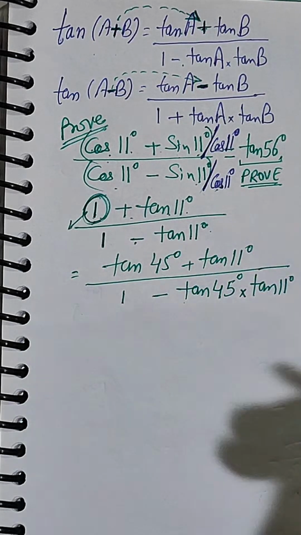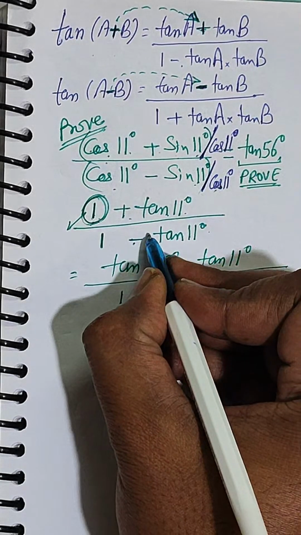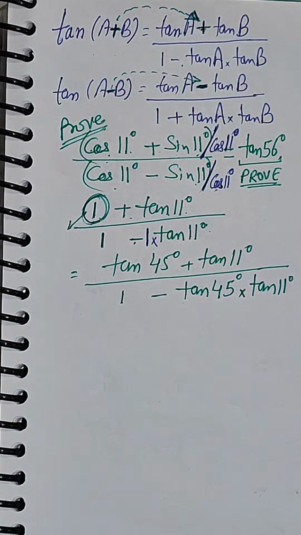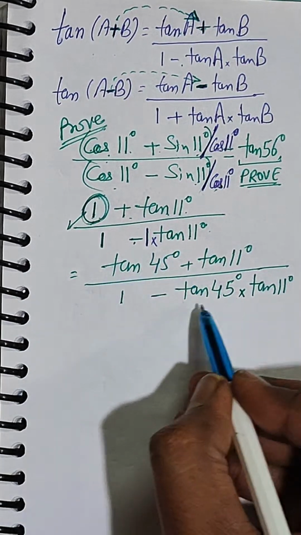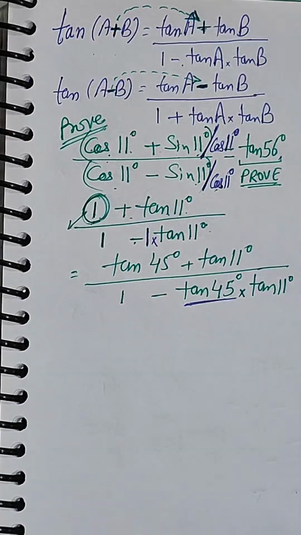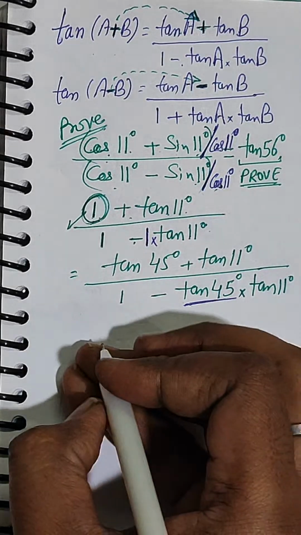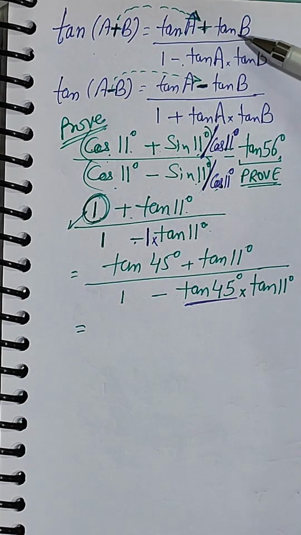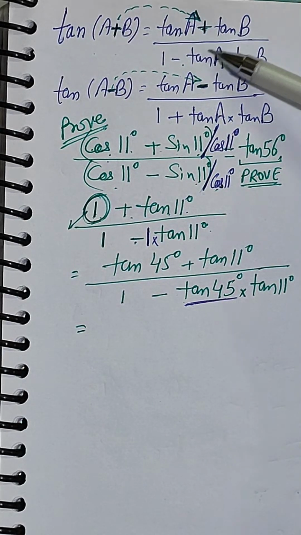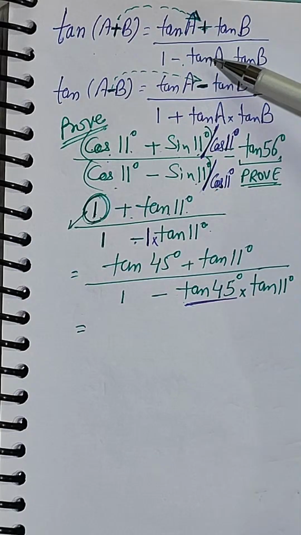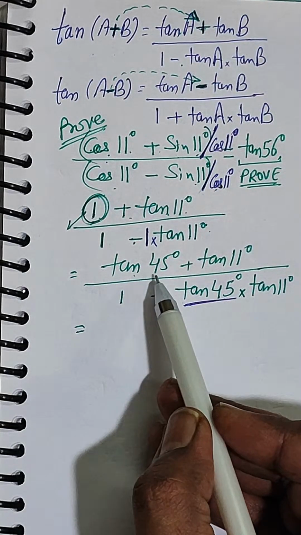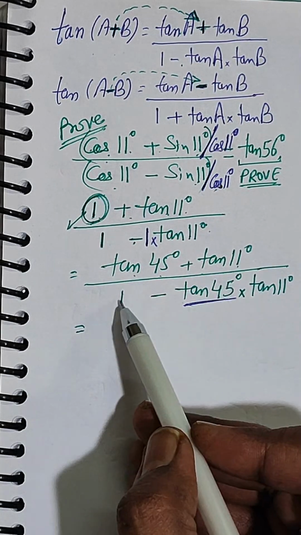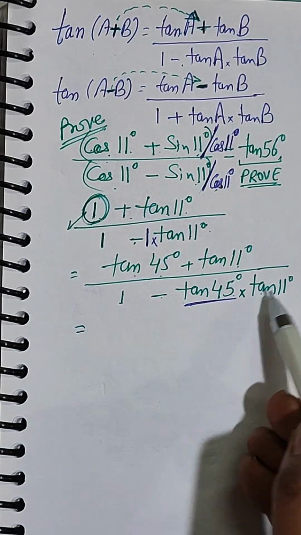Because if here there is no number, we can write 1 over here and multiply by 1. And this 1 can be written as tan 45, right? So in this way, you can see the RHS of the formula, tan A plus tan B divided by 1 minus tan A tan B: tan 45 plus tan 11 over 1 minus tan 45 tan 11.